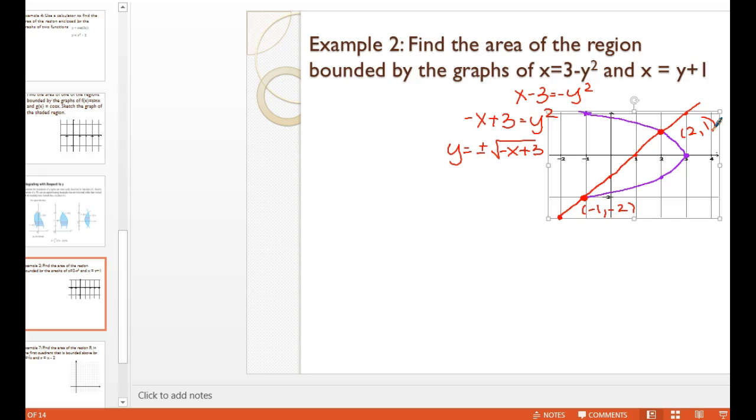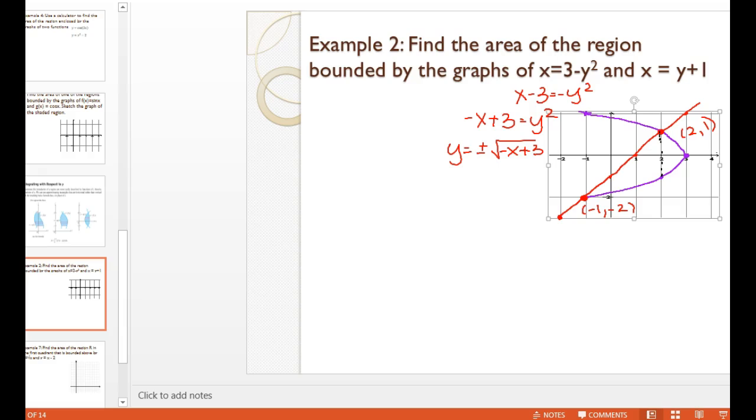Okay, I see. So there isn't a clearly defined top and bottom graph. If you were trying to do top minus bottom, here you have purple over purple, so the top minus bottom is the positive square root and the negative square root.